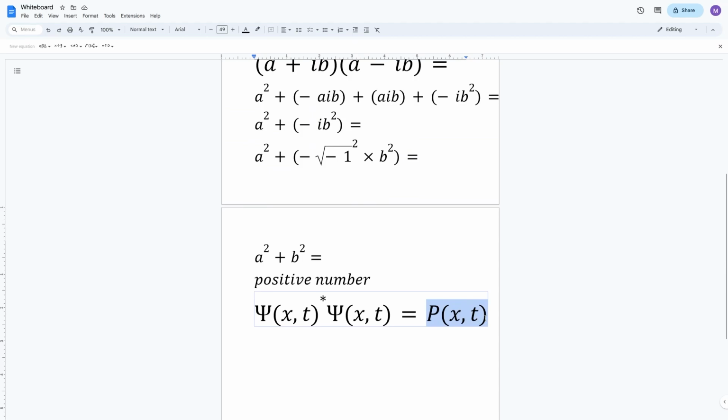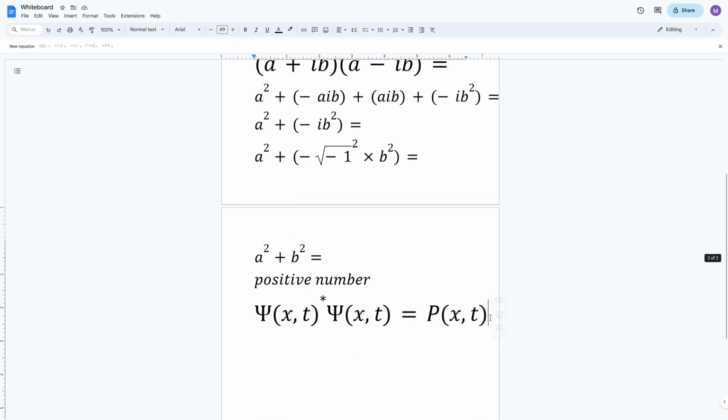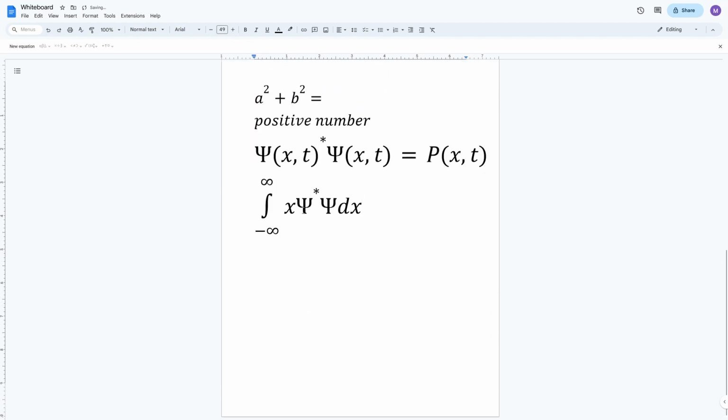We end up with probability, which is really nice because now we can just keep on going with this. All right, so now we have this integral right here.